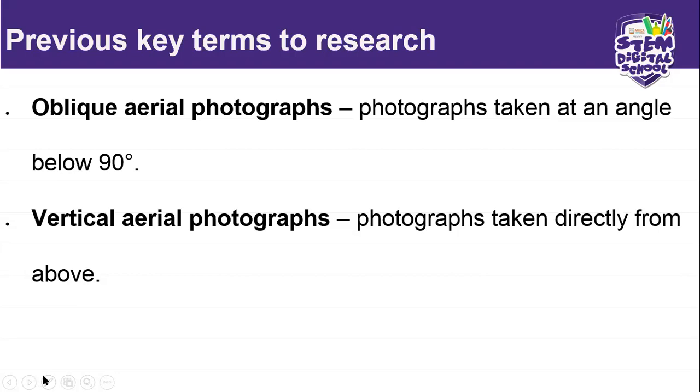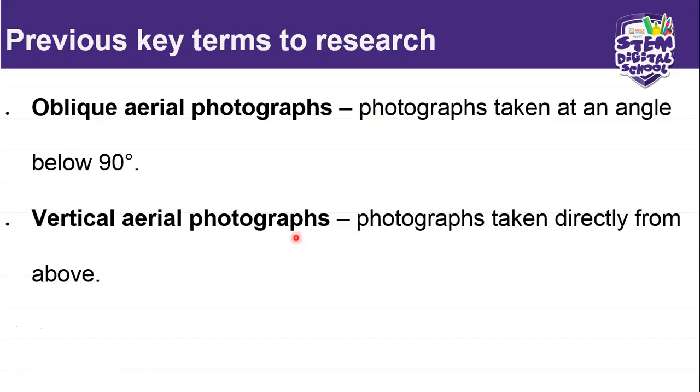So let's start with oblique aerial photographs. These are photographs taken at an angle below 90 degrees. And then vertical aerial photographs.